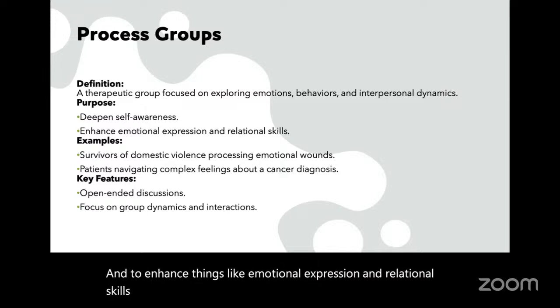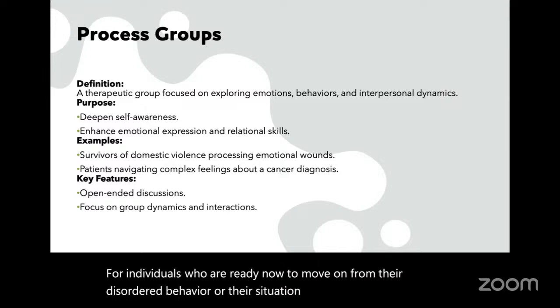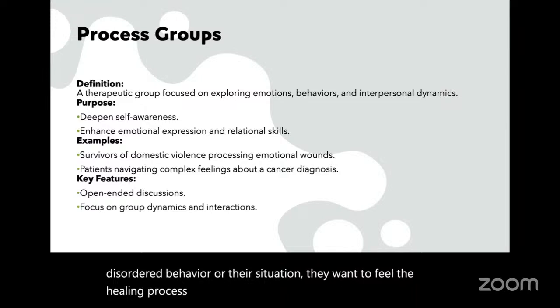If you think about it, a process group is for individuals who are ready now to move on from their disordered behavior or their situation. They want to feel the healing process, if you want to put it in those terms. Okay.